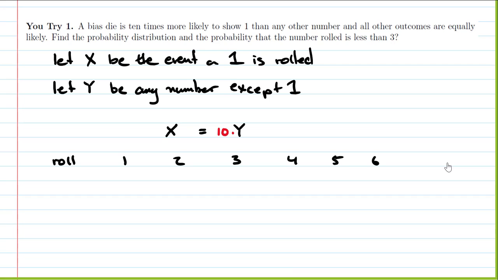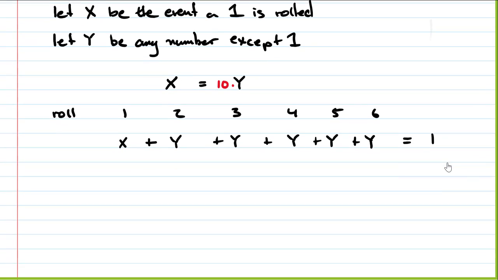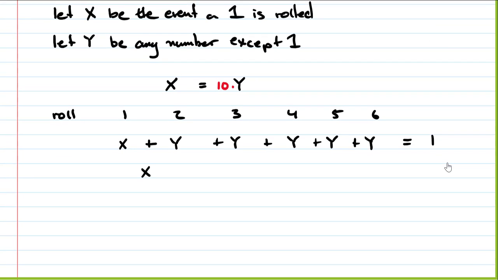So we know that our first one, so we can get an x, is to roll a 1, and then all of our other events, anything but a 1, is a y. So plus y, plus y, plus y, plus y, plus y, and that has to equal 1. So combining all of our like terms, we get x plus 5y has to be the same as 1.